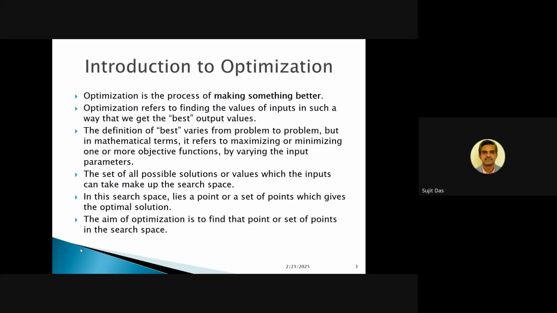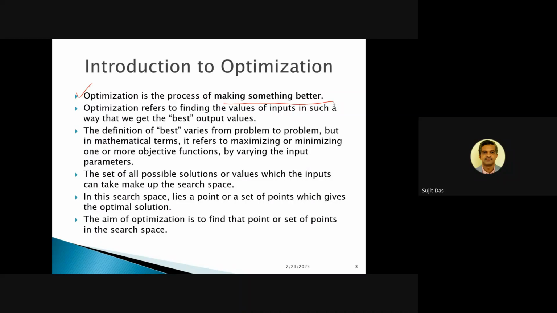Now, overall, once we say optimization, normally we say it is the process of making something better. Obviously, we want to minimize or maximize something, so we want to find better results. Since we normally use optimization techniques to solve huge, complex, high dimensional problems, the solutions you get may not give you the exact or the best solution.